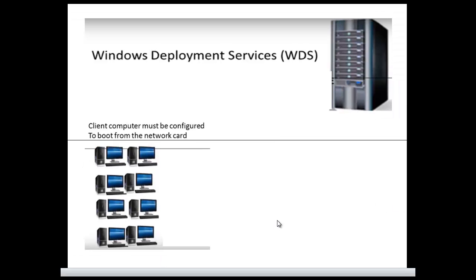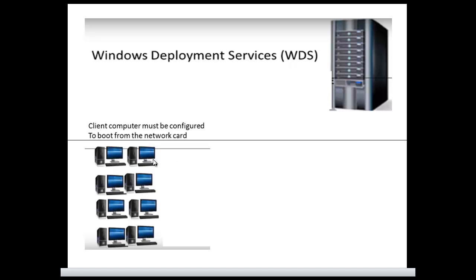The deployment process involves the server being configured with the image that is needed or just an operating system. And then the client itself, when the client is turned on, will automatically search for the WDS server on the network.